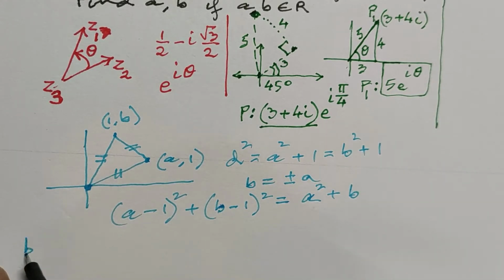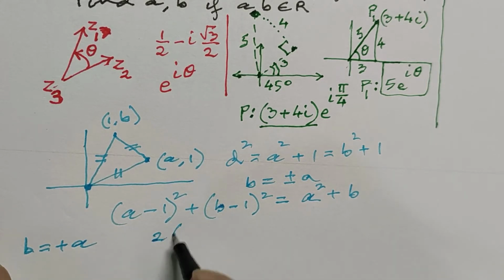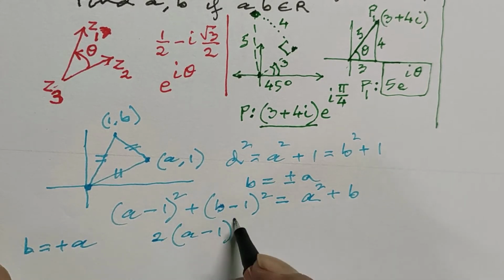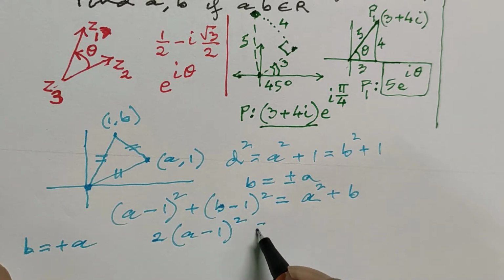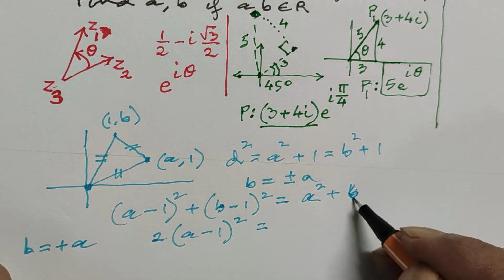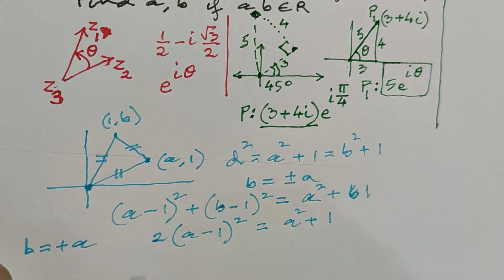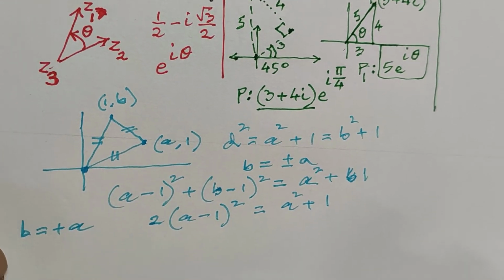So putting b equal to plus a, we get (a minus 1) whole square into 2. So 2 into (a minus 1) whole square equal to a square plus 1, and this is a simple quadratic which you can work out. I suppose we don't need to go ahead and do that.